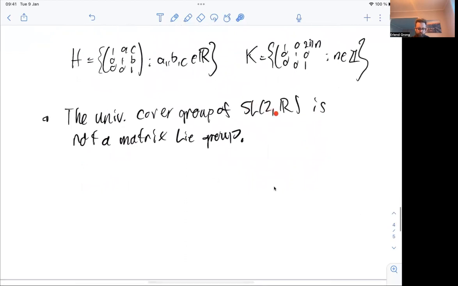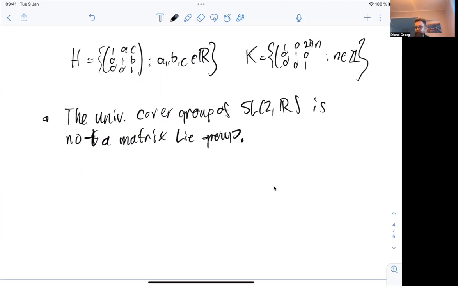Also, we talked about the universal cover group. One of the results in the book is that the universal cover group of SL2R is not a matrix Lie group, but we don't include any details on that because the universal cover group of SL2R has a rather messy multiplication.